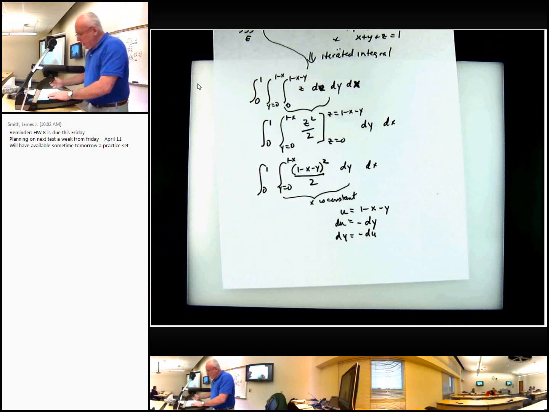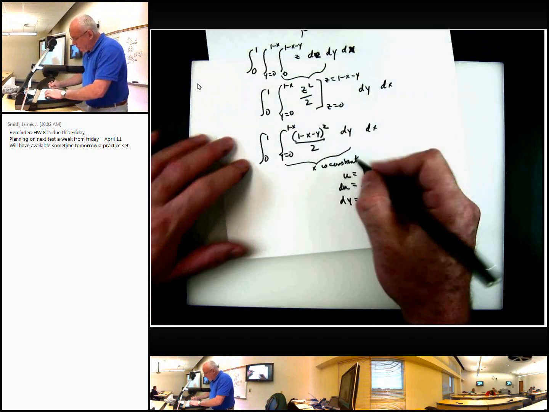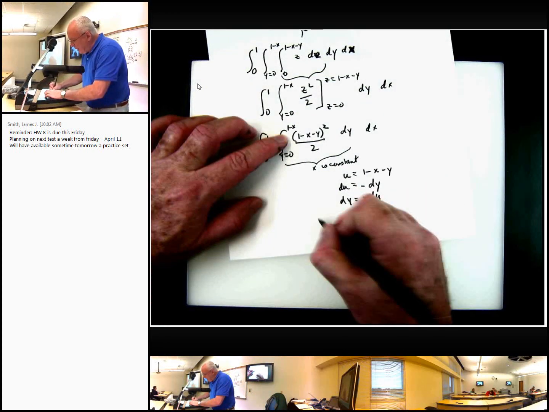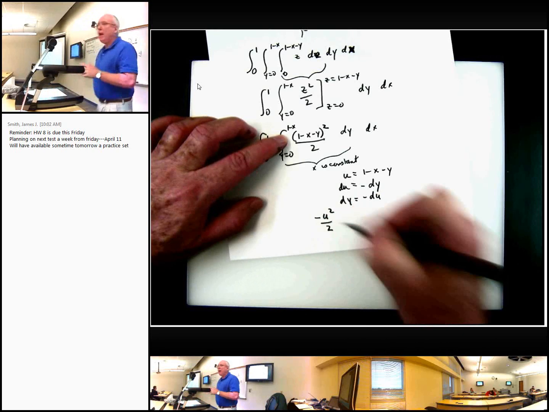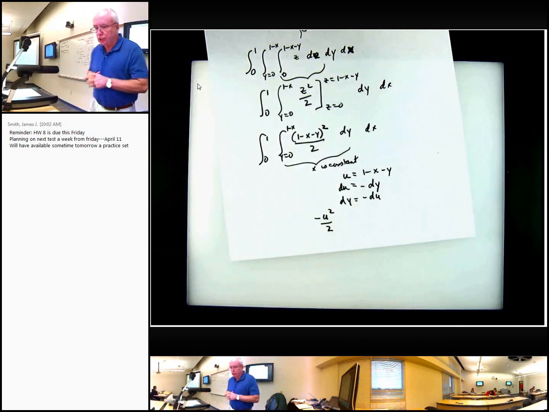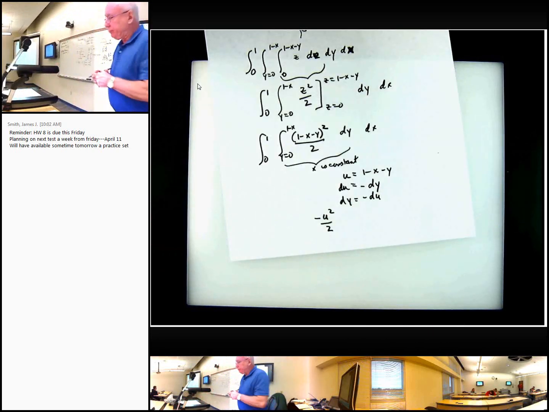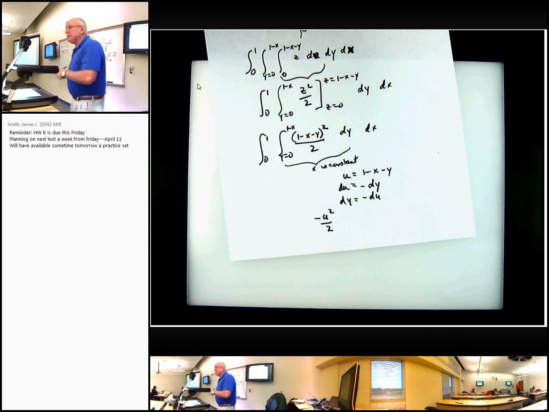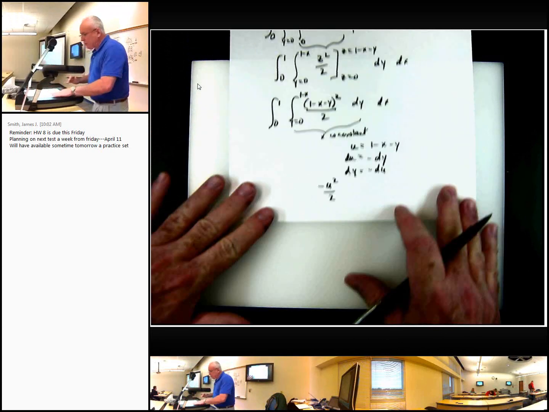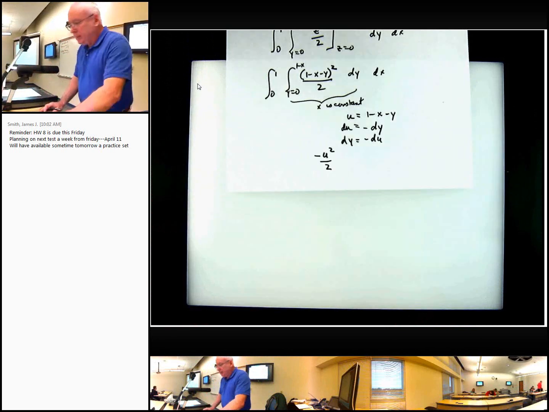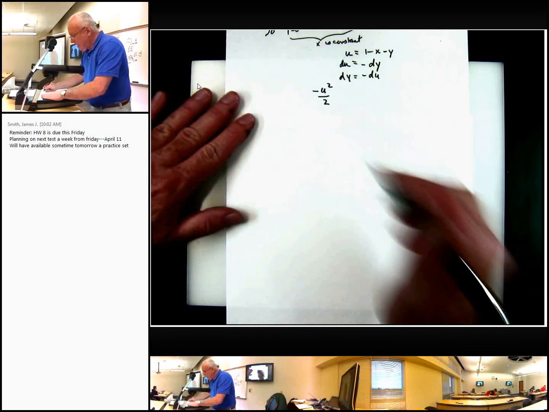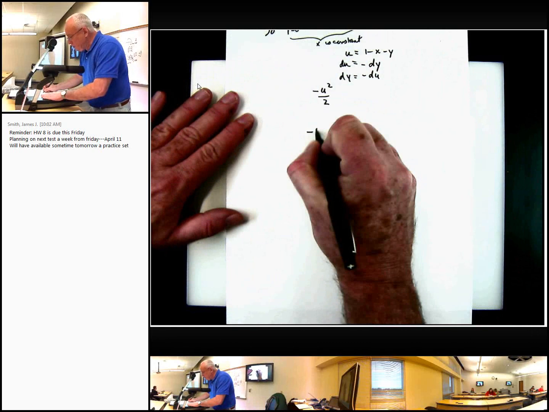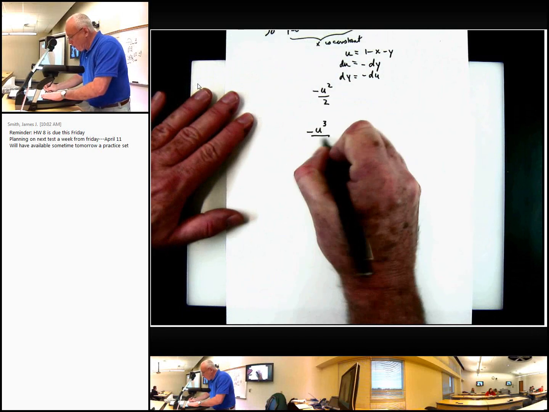So what I get with this is minus u squared over 2 as my substitution, instead of doing all the FOILing out. Therefore, let's get the antiderivative of minus u squared over 2, and that's going to be minus u to the third over 2 times 3.